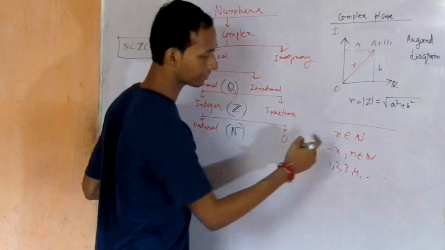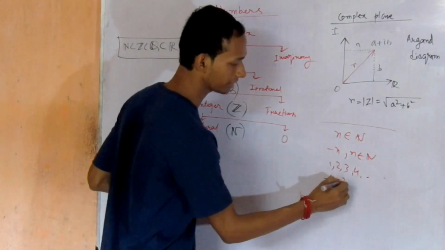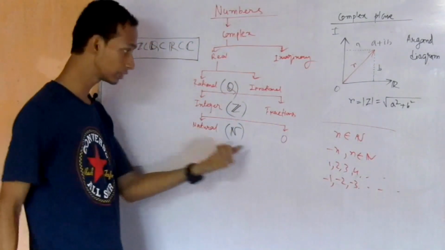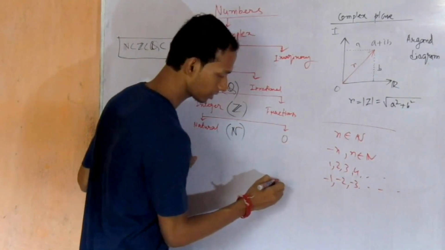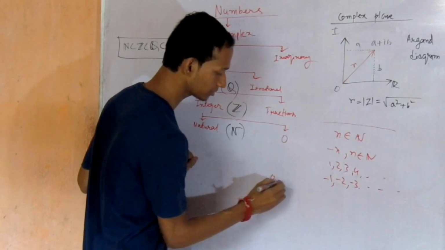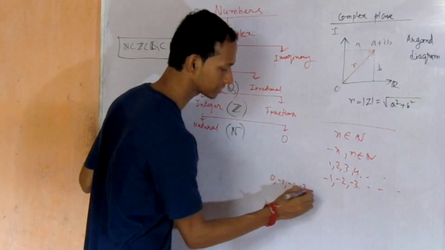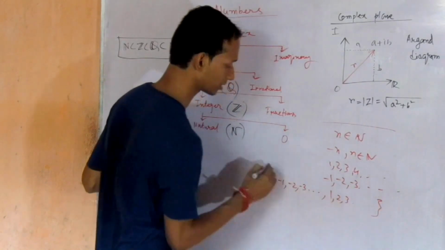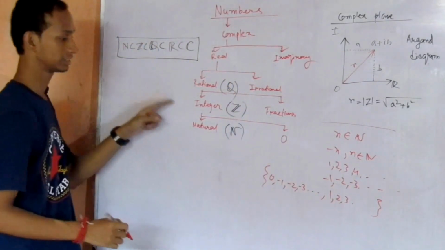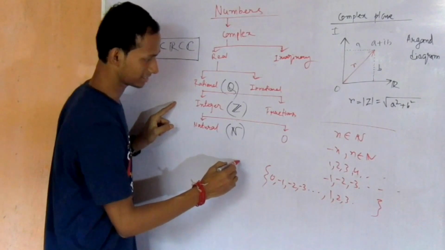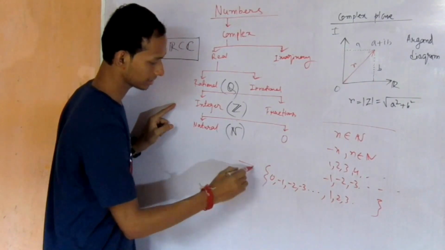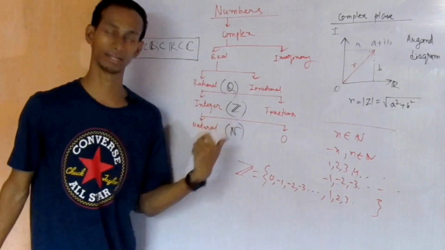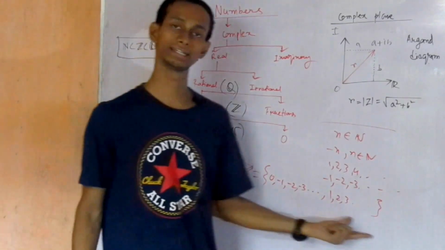If we impose minus n, that is minus 1, minus 2, minus 3 and so on, and the 0 term, then all total, that is 0, minus 1, minus 2, minus 3, and 1, 2, 3 and so on, this will be called the integers, the set of all integers, which is denoted by Z.